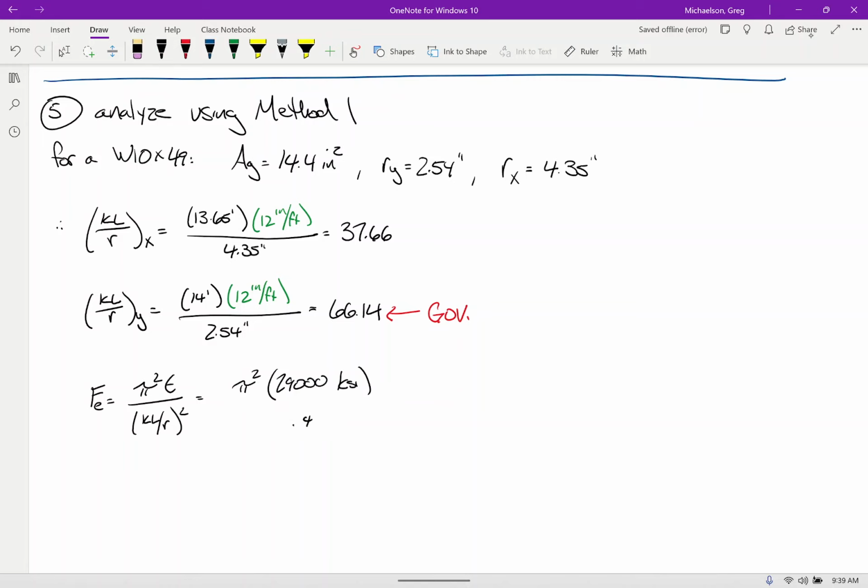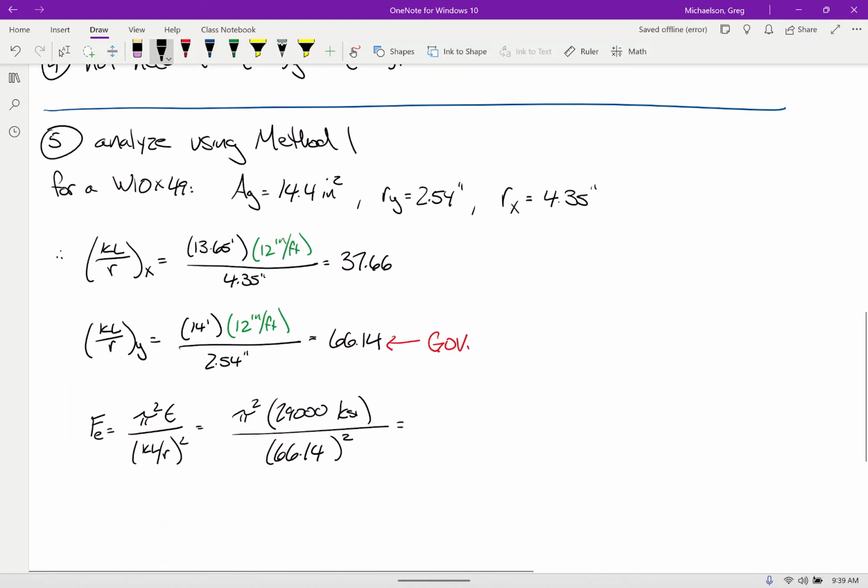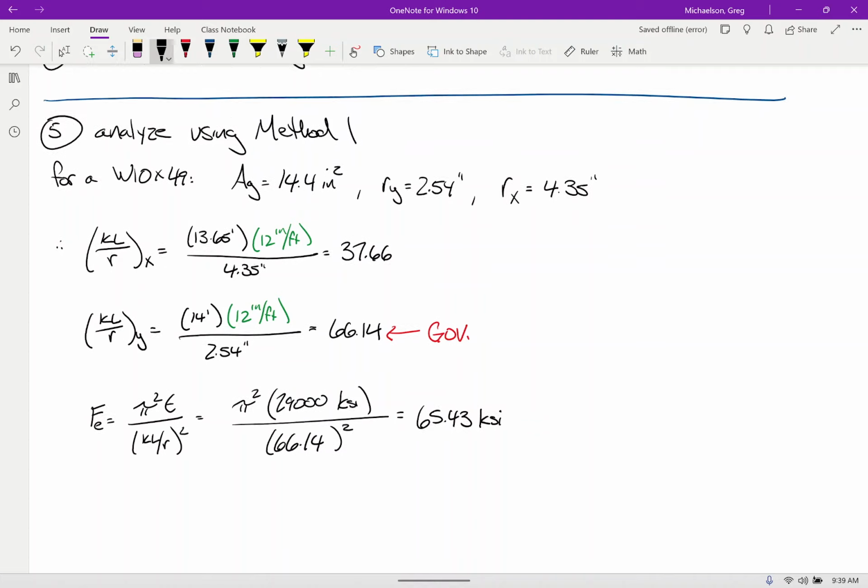So what do we get for this? 65.43. Do I have a second? I don't have my calcs on me, so weird. I have no idea if this is right or not. Good? I heard a yeah. Okay.